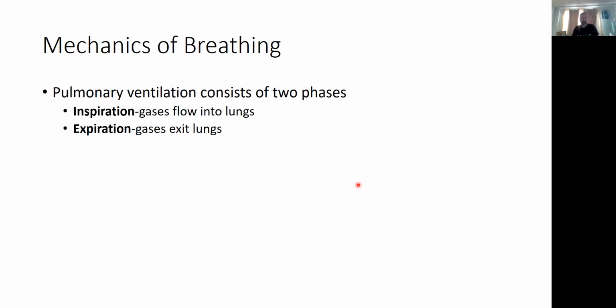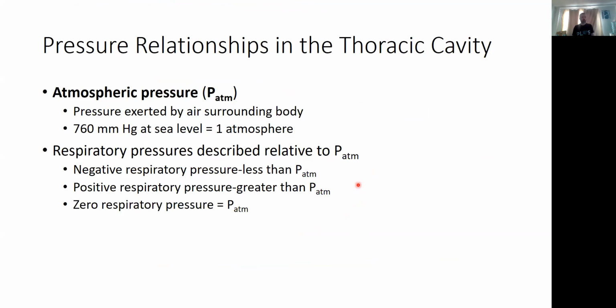Now, as far as using the lungs themselves, this is ventilation, and it's basically a two-phase process. Inspiration, so air comes in, then we have expiration where air goes out. Simple as that, right? Well, it's not entirely simple because we have to account for a lot of basic physics, so to speak.